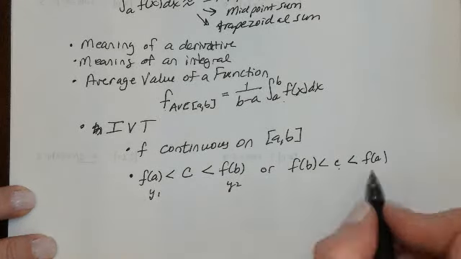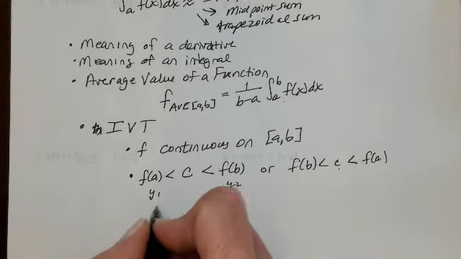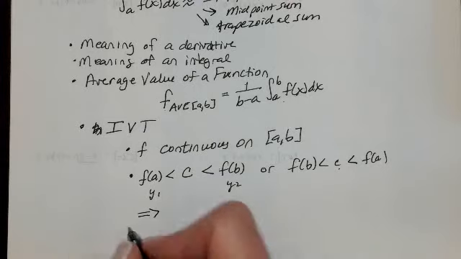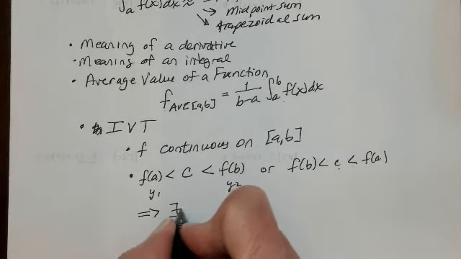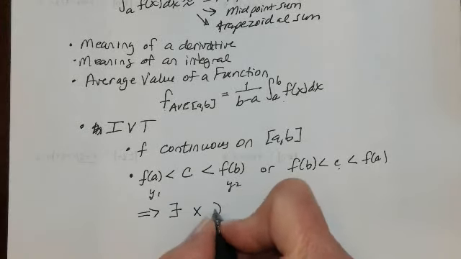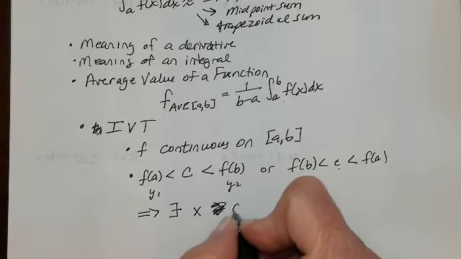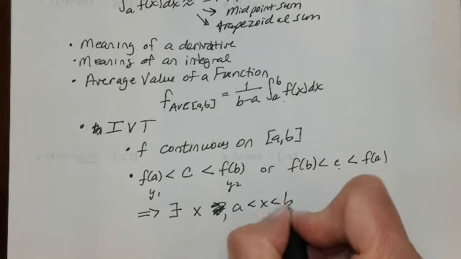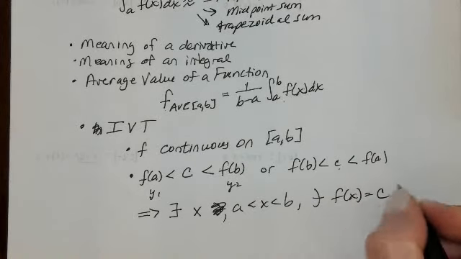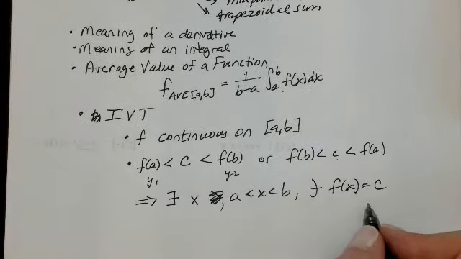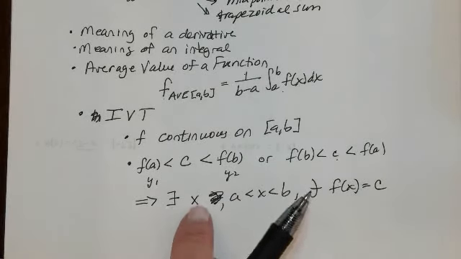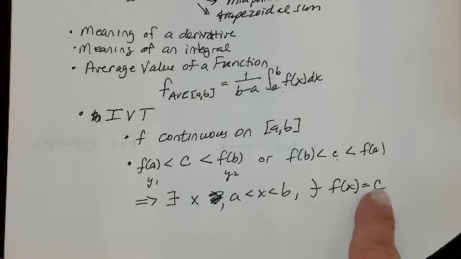If this y value is between the other two y values, then by IVT, but you don't have to say by IVT, you can just say then there exists some x value, and this x value will be between a and b, such that f of x is equal to that C value. All right, so the intermediate value theorem says there has to exist this x value that makes f equal C. Okay?